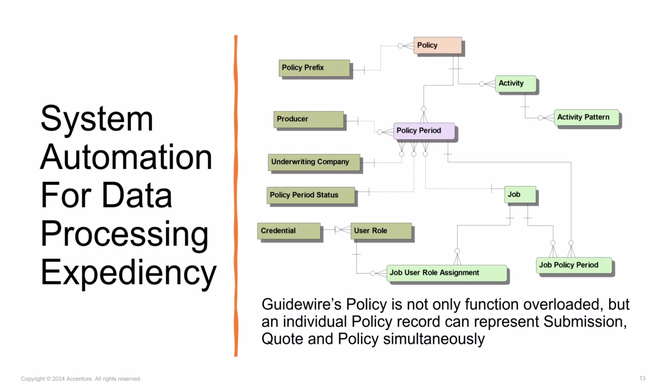So Guidewire is just one of those examples. Other vendors have different patterns of processing expedients, and all of them have to be harmonized with Guidewire in order to provide an enterprise analysis capability, which is why large insurance firms utilize either a traditional Inmon data warehouse or medallion architecture.